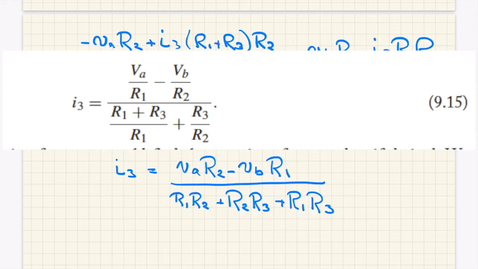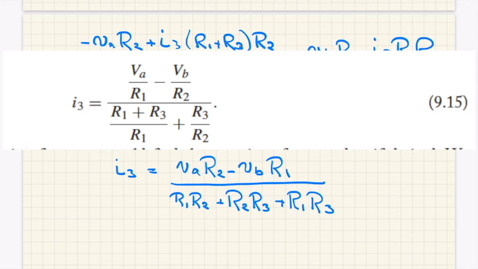There's a certain amount of redundancy, and I don't think we've really gained a lot by using that form. But we can certainly convert it into that form. And I would encourage you to either take 9.15 and convert it into this by making R1 times R2 the common denominator, just as we did effectively here, or take this equation and divide it accordingly to get those ratios you see. But you see the basic form is the same.